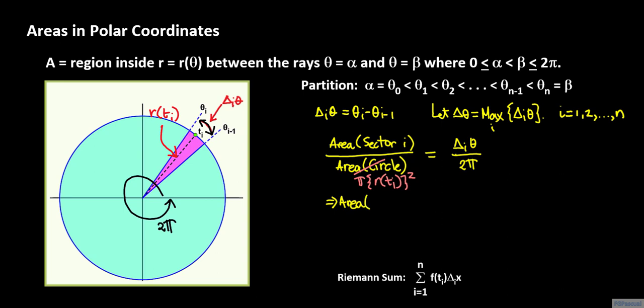And so solving for the area of sector I from this equation, we should get that the area of sector I is equal to half times the square of r of t sub I times delta sub I theta.